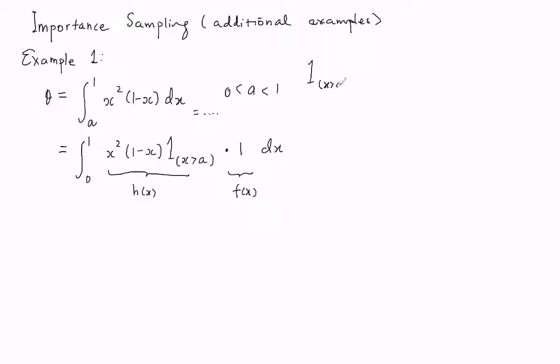It means 1 if x is greater than a, and means 0 if x is less than or equal to a, all right? So basically for any values below a, this will be 0, okay? So this is just another way of writing that integral, okay?